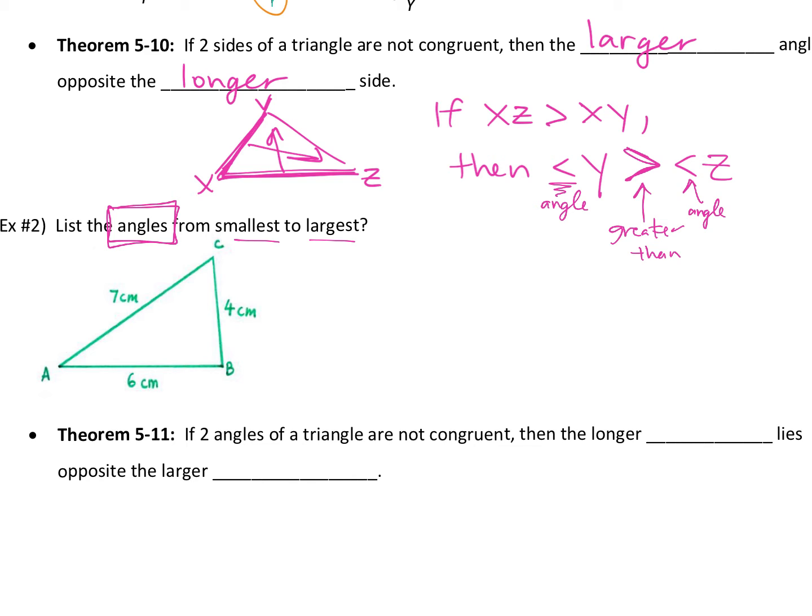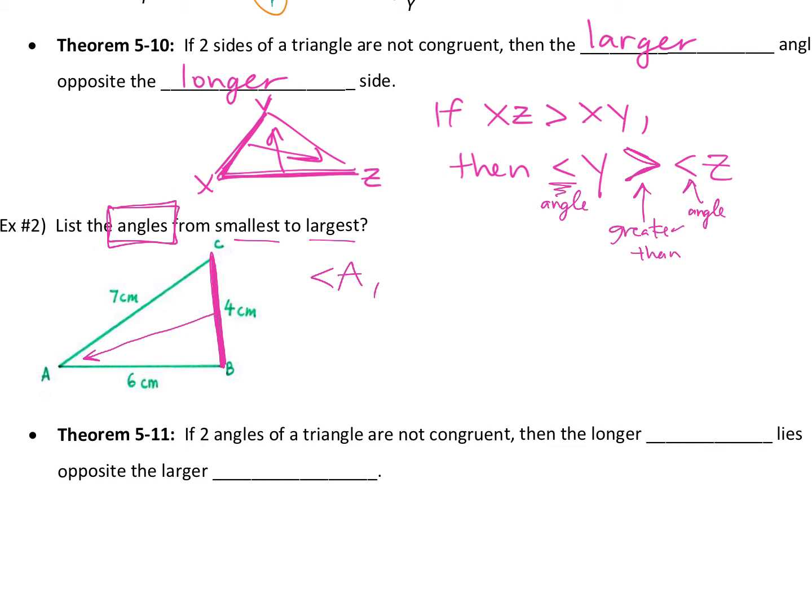So we want to list the angles from smallest to largest. Some of you are going to be tempted to tell me that CB is the smallest. CB is a segment. I don't want the segments. I want the angles. So yes, CB is the shortest segment, which means which angle is the smallest angle? Angle A, the angle across from it. So angle A would be your smallest angle. So what's your next smallest angle?